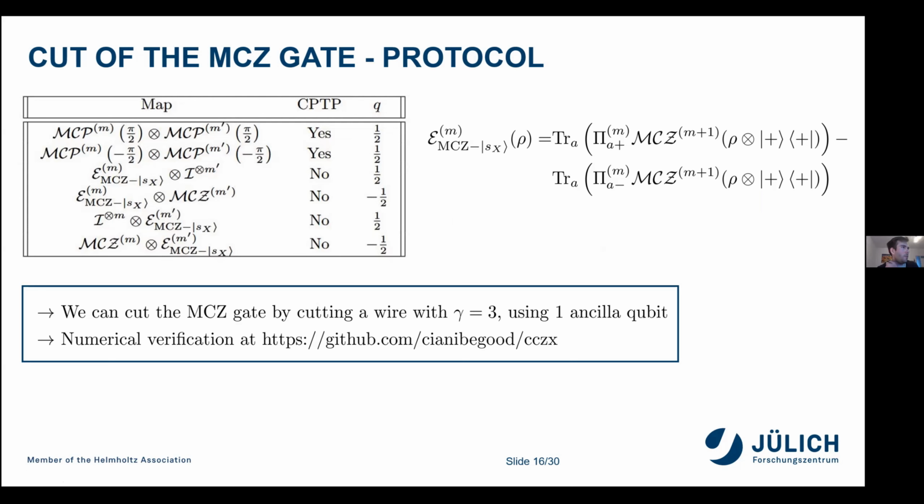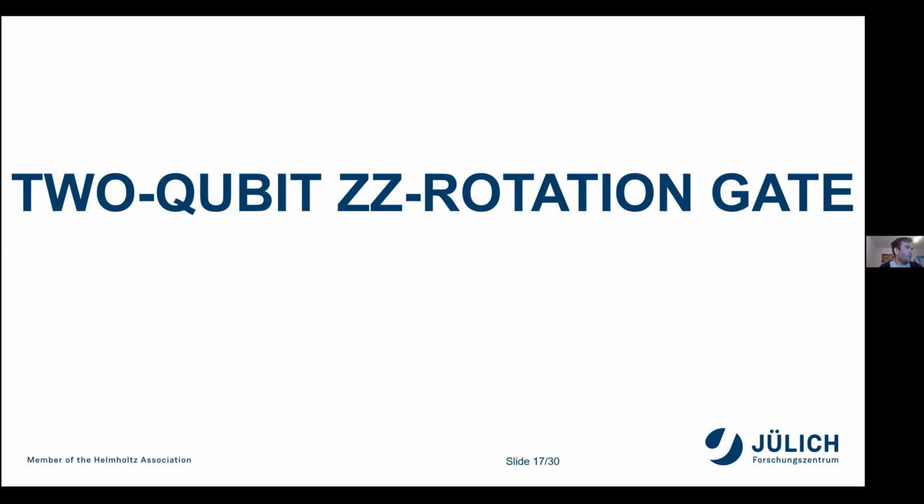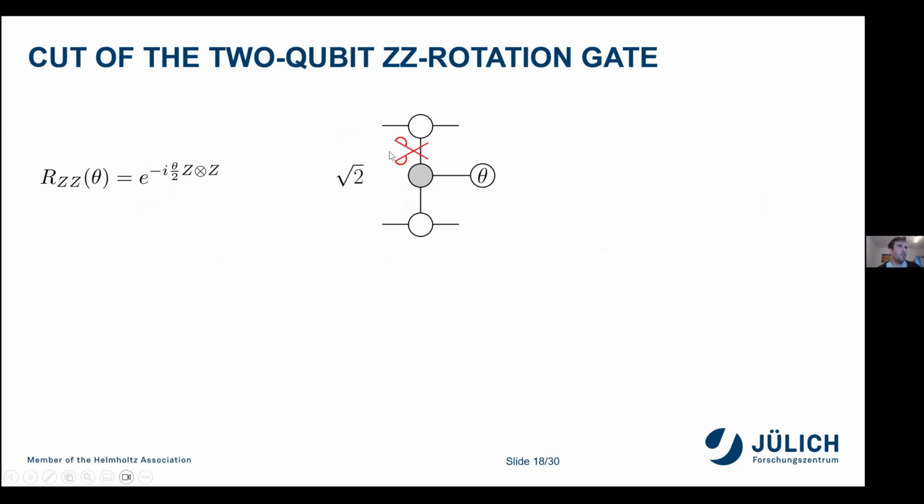Are there more questions or should I continue? Okay, then let me go to the next gate that we cut. That is this 2-qubit Z rotation, where again it is in a form that we can cut it into two parts by just cutting a single wire.